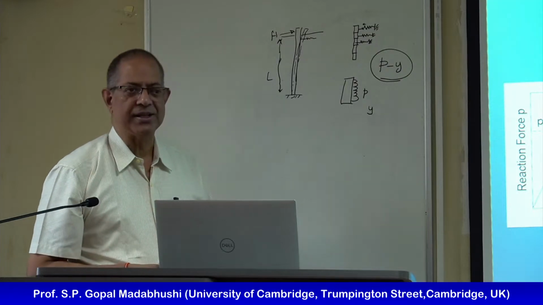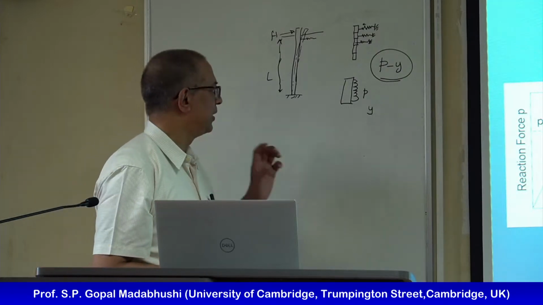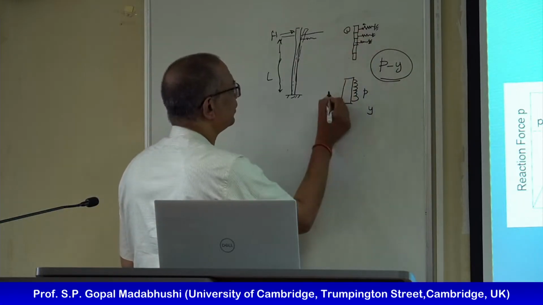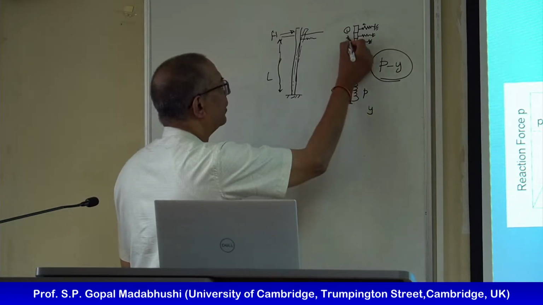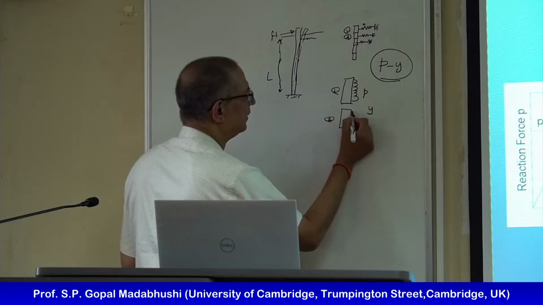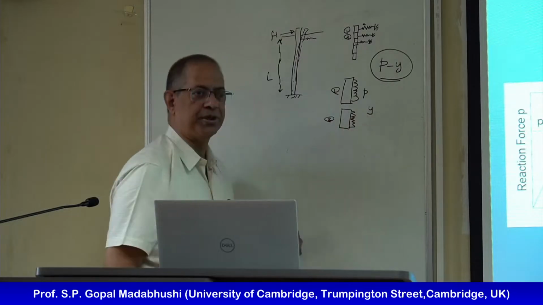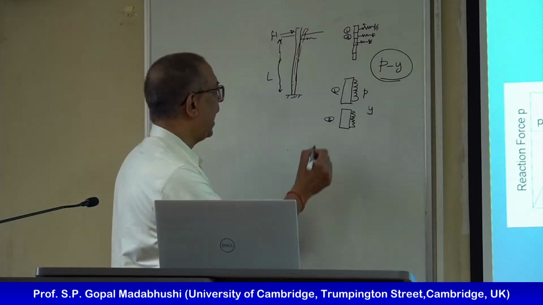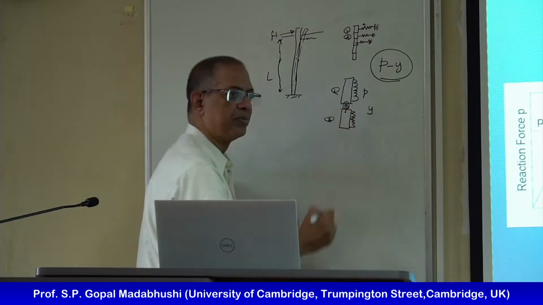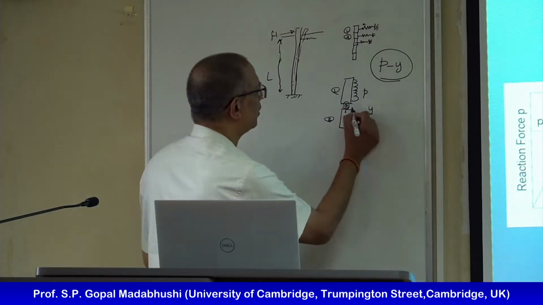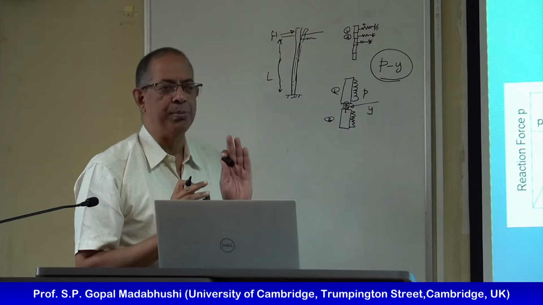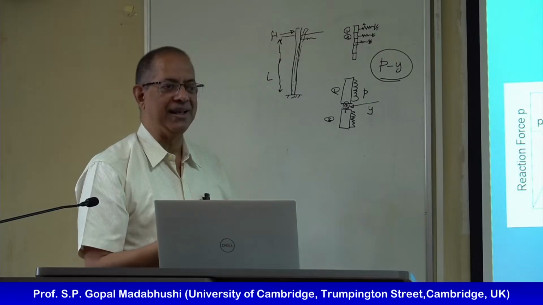Now it's also very straightforward to imagine that this is element 1 and this is element 2. I can imagine that my element 2 is here, with some more pressure distribution there, and there is a torsional spring between the two. This is what you would call the structural spring, which mimics the bending stiffness of the pile.